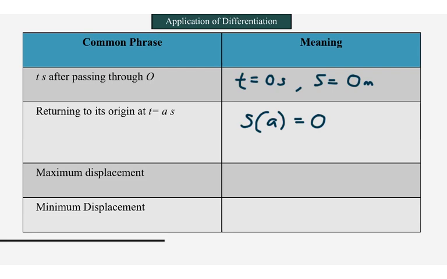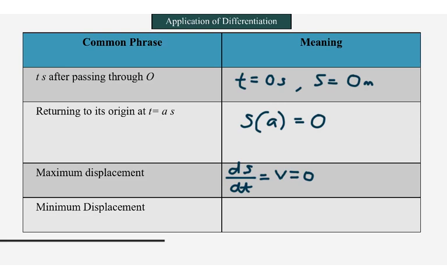Next, we proceed to maximum displacement. When we are talking about maximum displacement, you have to trigger an idea whereby ds over dt, which is equivalent to v, has to give you 0. It's because a maximum point or minimum point always has 0 gradient.